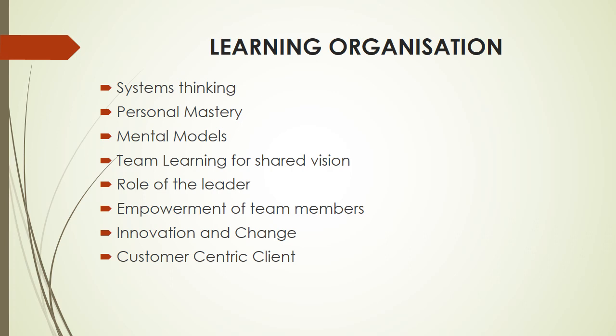The third feature of a learning organization is mental models. According to Peter Senge, mental models should be acknowledged and challenged in order to move beyond unfavorable behaviors and assumptions. Every employee should understand that innovation always has room.